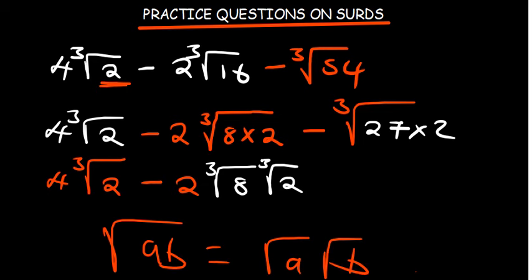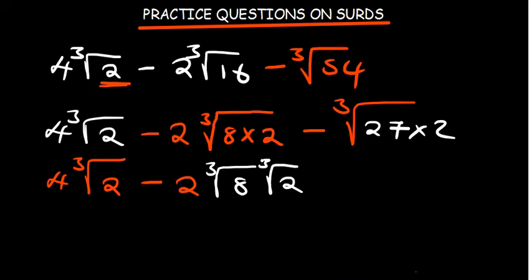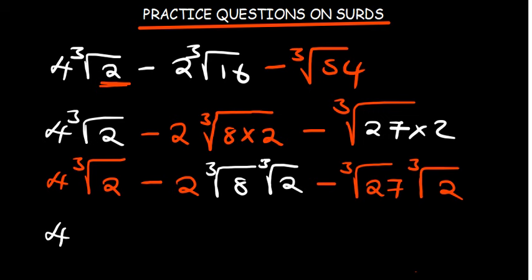That is the basic concept there. We can move on: minus the third root of 27 multiplied by the third root of 2. So we've seen that basically we've come up with a common form, which is the third root of 2 there. So we have 4 third root of 2.